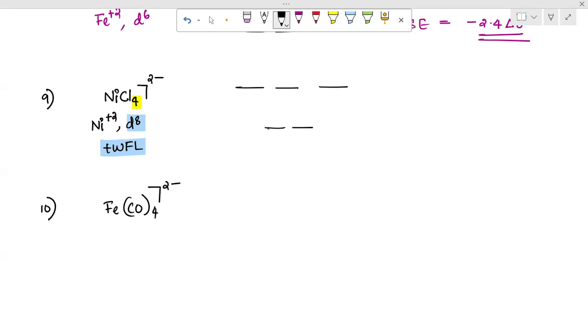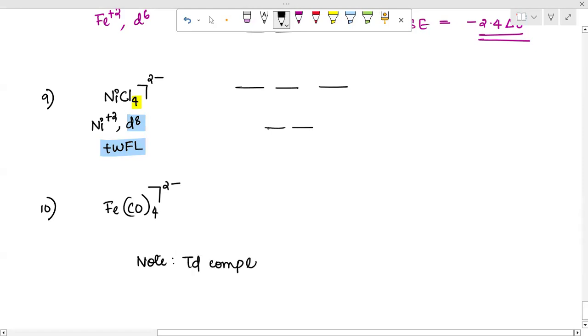Even if it is a weak field ligand, understand that in tetrahedral complexes, you can note it down if you want: note, tetrahedral complexes always form high spin complexes.